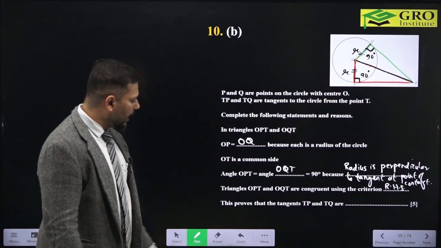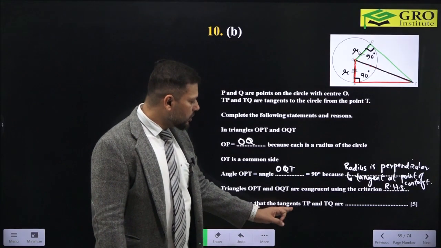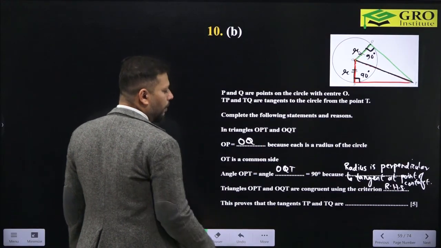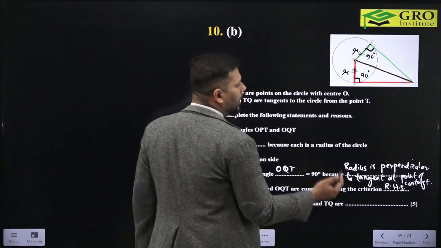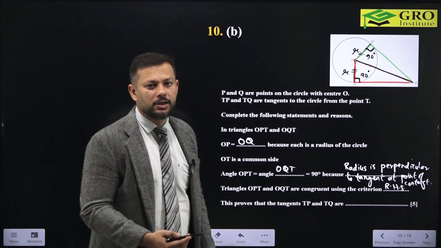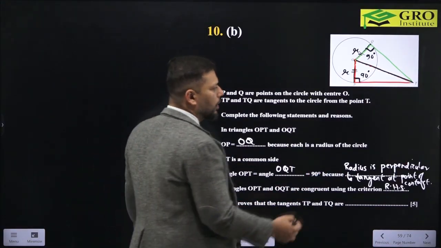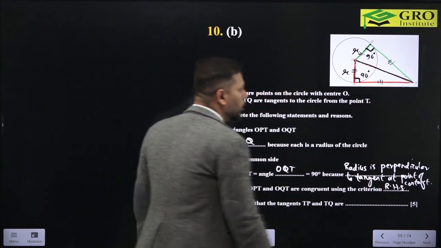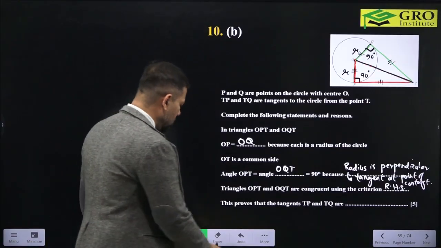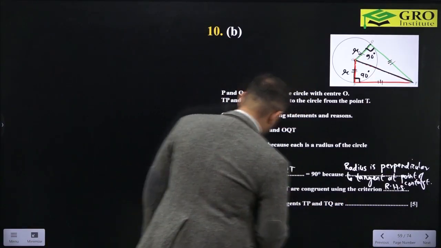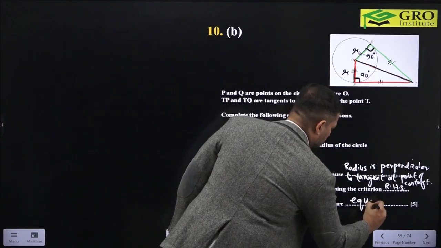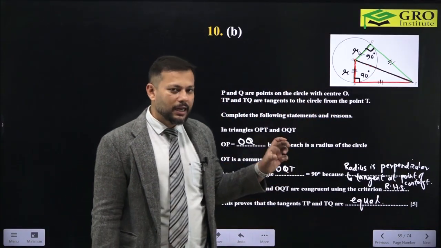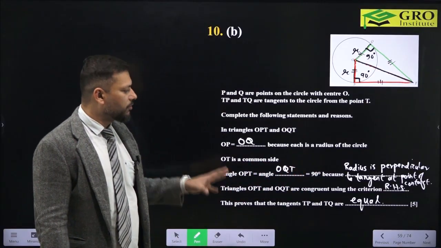Okay, then moving ahead, this proves that the tangents TP and TQ are, first of all, we know by the corresponding parts of the congruent triangle that the remaining sides and the remaining angles are also going to be equal to each other. So this tells us that this TP is equal to TQ, and they also happen to be the tangent. So we will write R equal. Isn't it, guys? So for writing the correct reasons and the correct values, you are going to get total 5 marks for this.